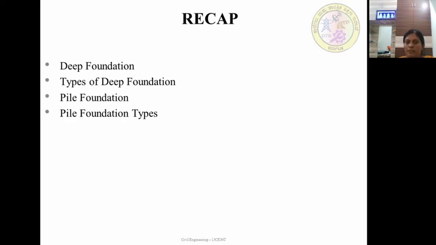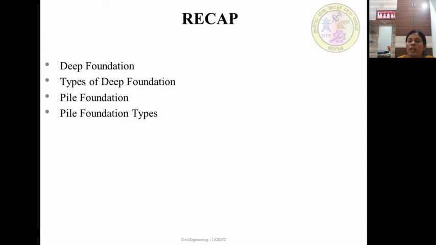Next is the pile foundations. They are classified based on function, structure, materials and composition. Based on the purpose of function, they are classified as bearing piles, friction piles, sheet piles, fender piles, anchor piles, batter piles, compaction and screw piles.